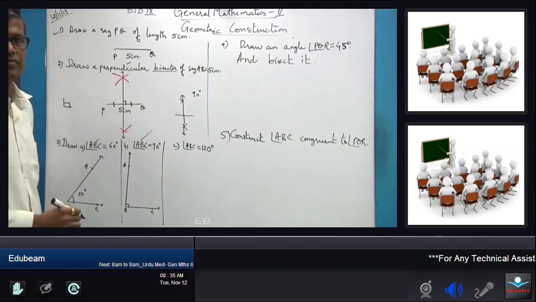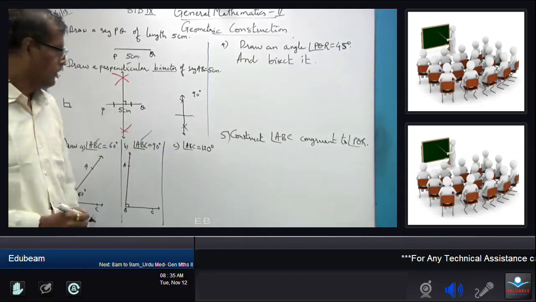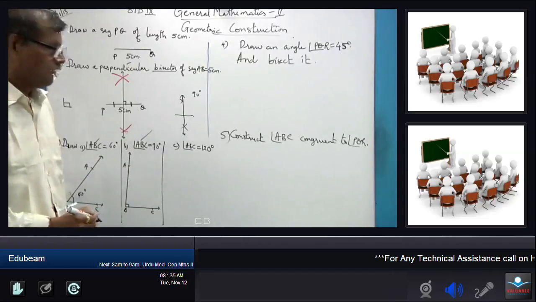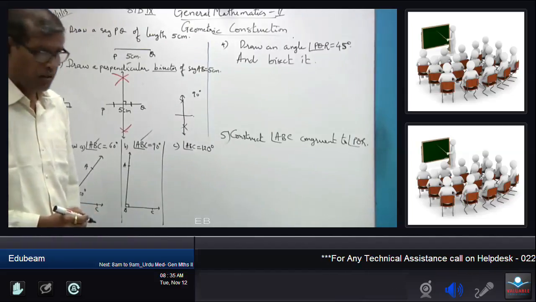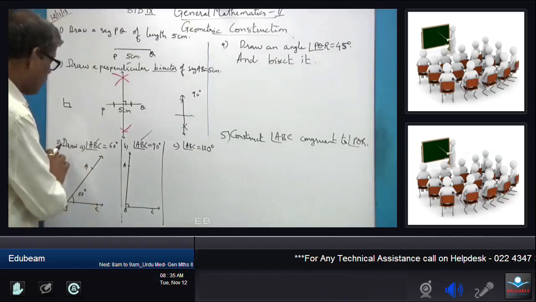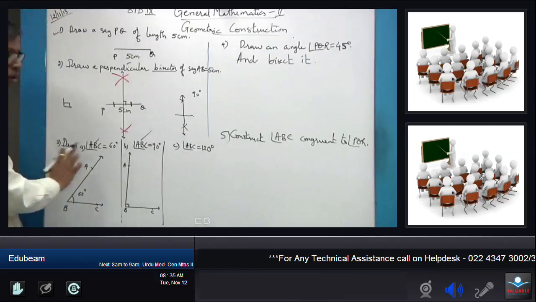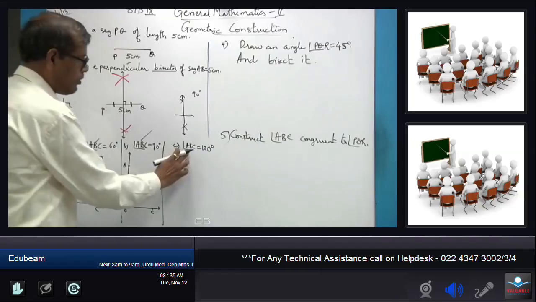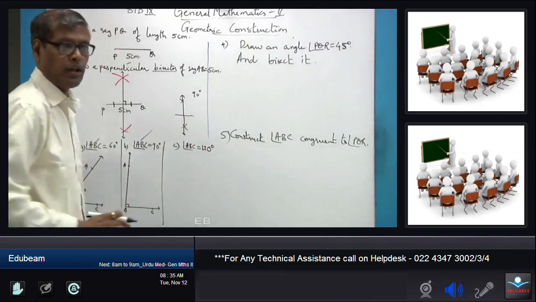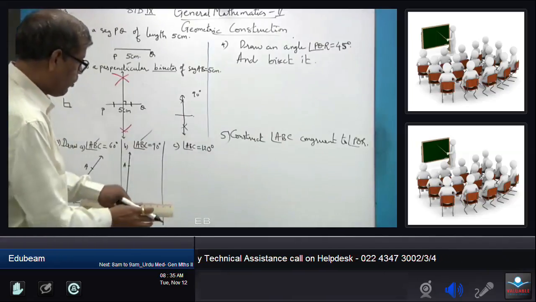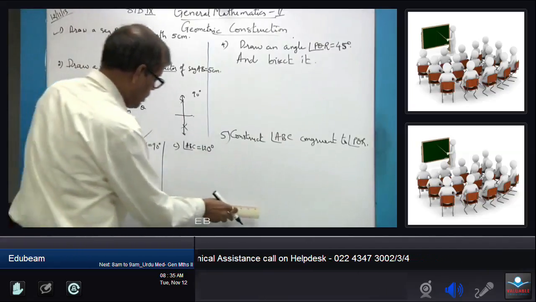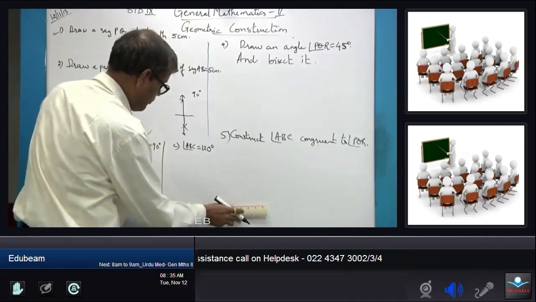So angle PQR is 45 degree. The top part will be your P. Sorry, P, and measure of this angle is 45 degree.